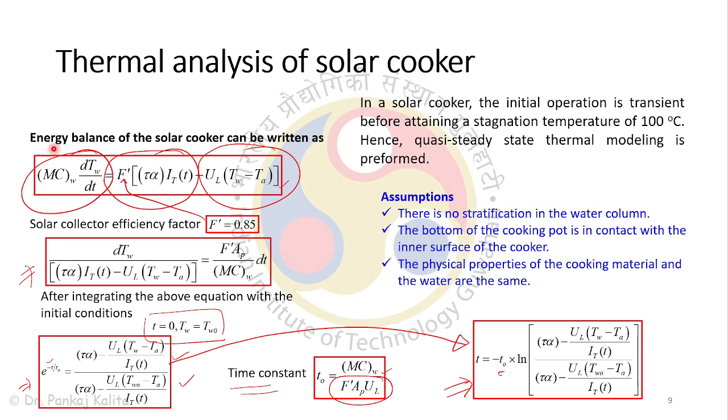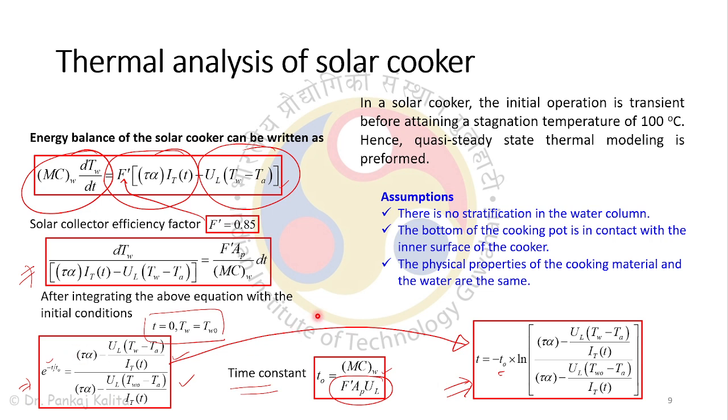We have done energy balance for several types of solar thermal application systems. This is the part where your input energy is there, and this is the part where your loss is incorporated. We have also seen this collector efficiency factor again and again; for a solar cooker it is generally taken as 0.85. When we integrate both sides and put in the initial and boundary conditions, we get this formula.